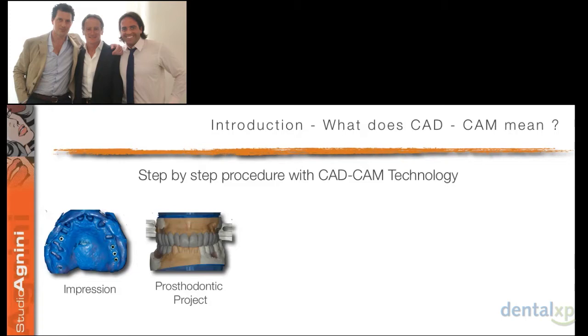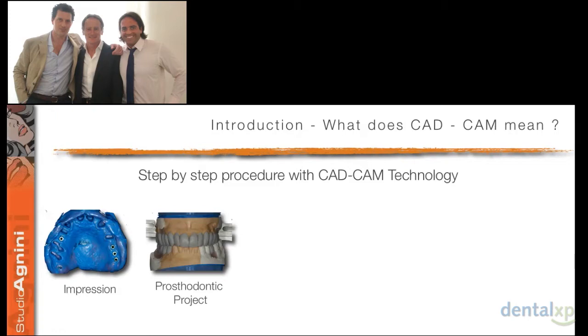As we see, the first two steps in this procedure didn't change. There is always an impression, and there is one similarity with the traditional procedure: the prosthodontic project doesn't change, it is always done by the technician, who has to put his experience and his background into this project.